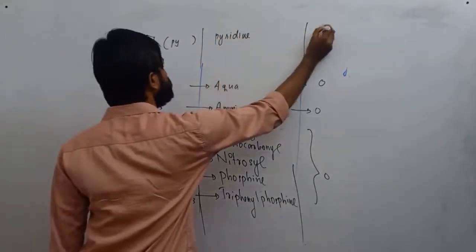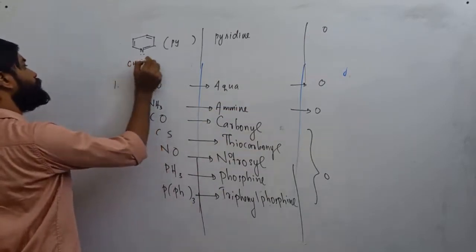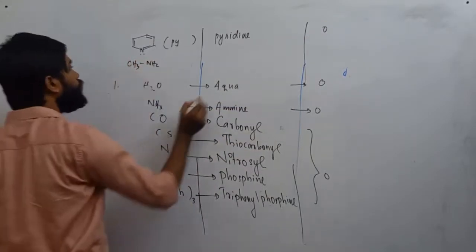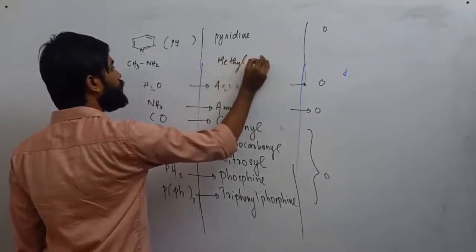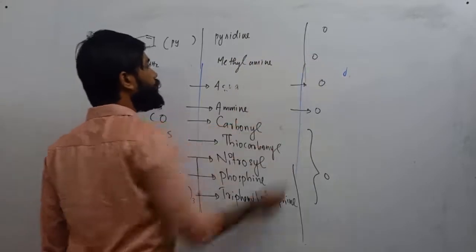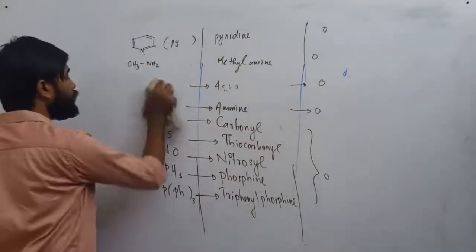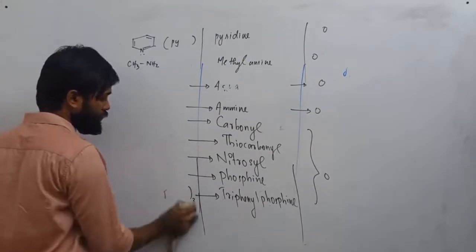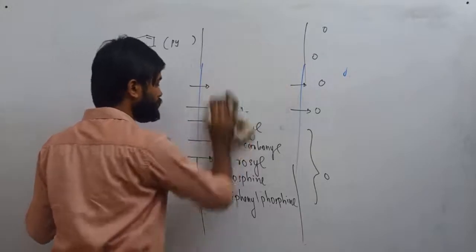The charge is 0. And CH3NH2, we know, is methylamine. So these all are the important neutral monodentate ligands. Now let me check the charged monodentate ligands.